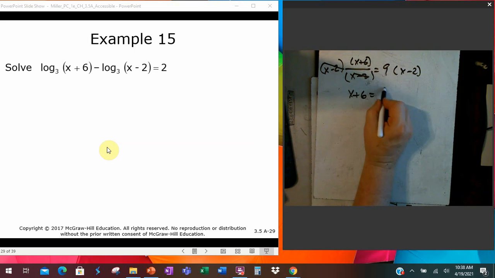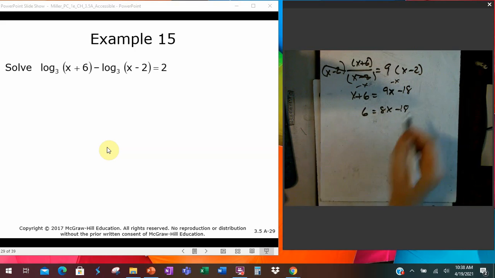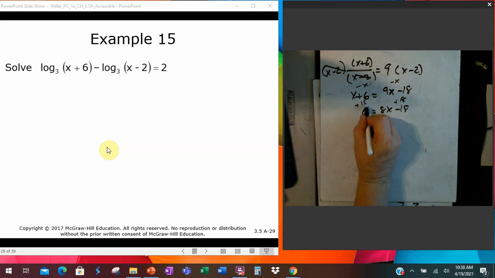Now distribute, 9x minus 18. Since I like positive x's, I'm just going to subtract x from both sides. 6 is equal to 8x minus 18, and then plus 18. Okay, so 24 is equal to 8x. 3 8s are 24, so this is 3. So my x is equal to 3.